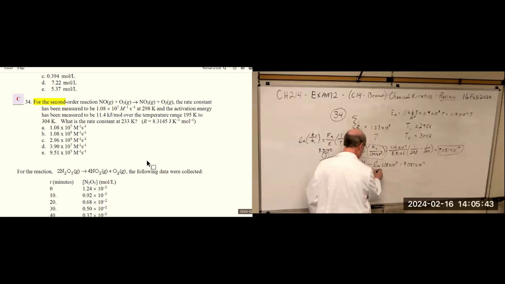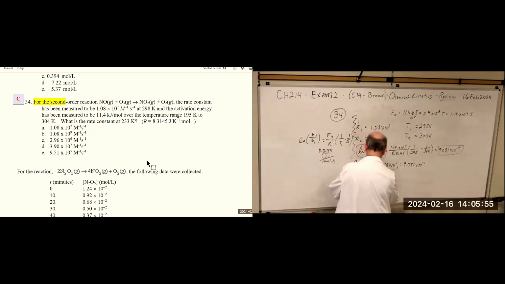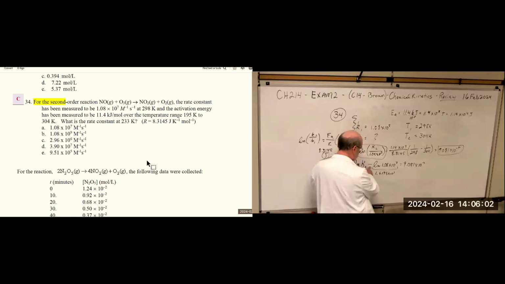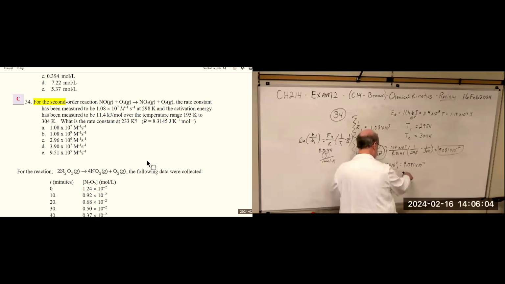So we can resolve this one. 1.08 exponent 7 and take the log of that, which is 1.6195 times 10 to the first power. And that's a negative on this side, so it will be a positive on that side.